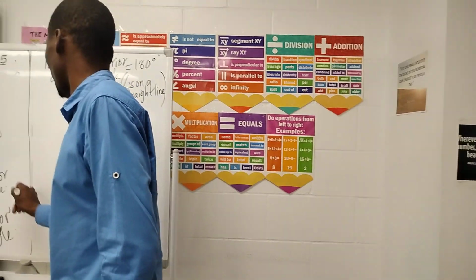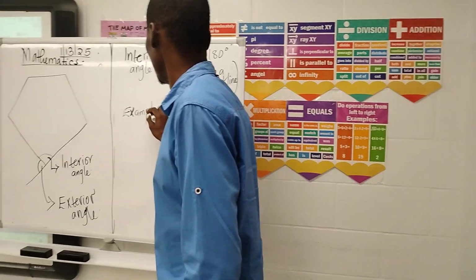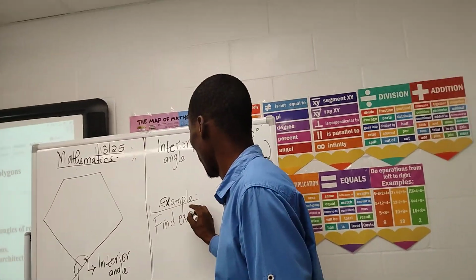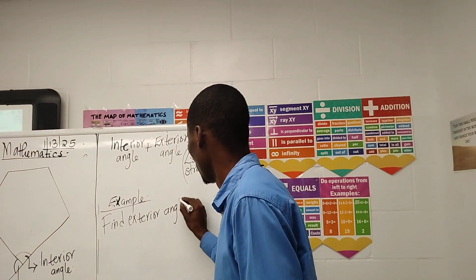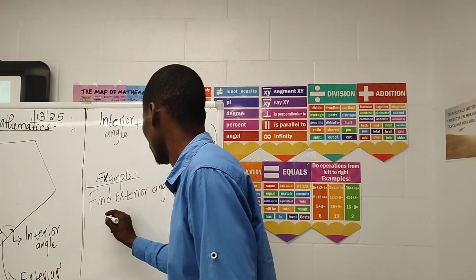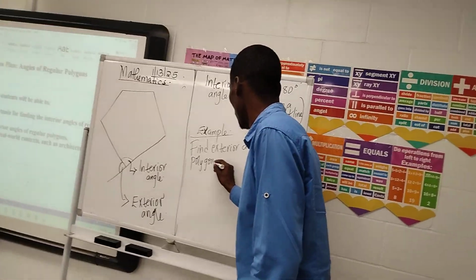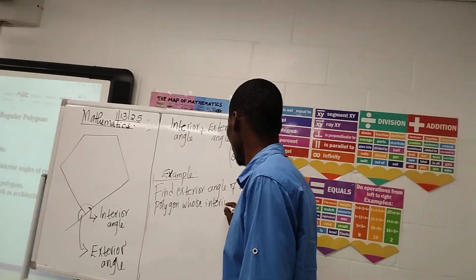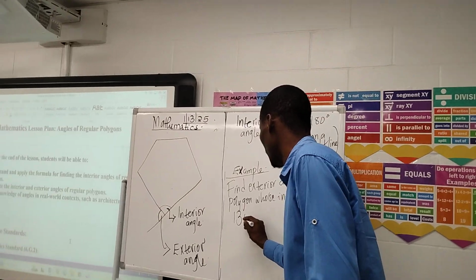Meaning, if I gave you an example of a question that looks like this, class: find the exterior angle of a regular polygon whose interior angle is 130 degrees.